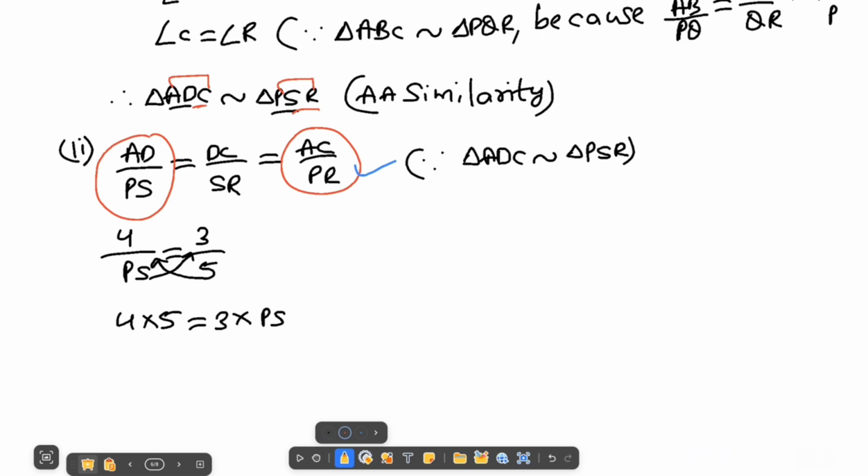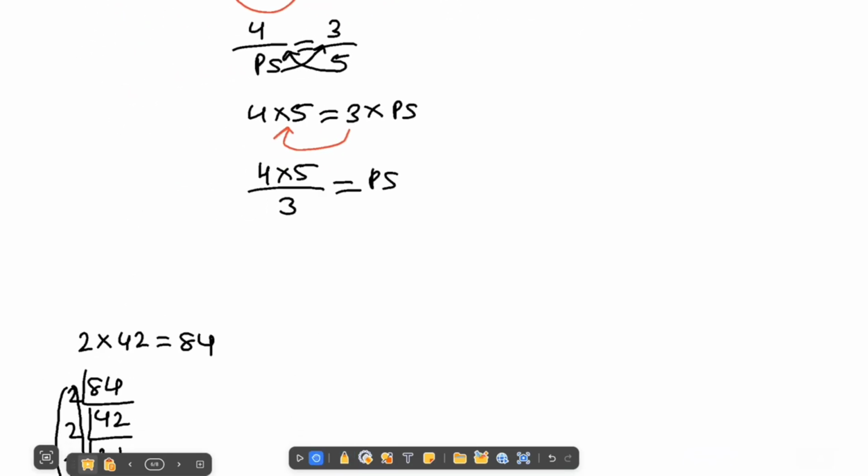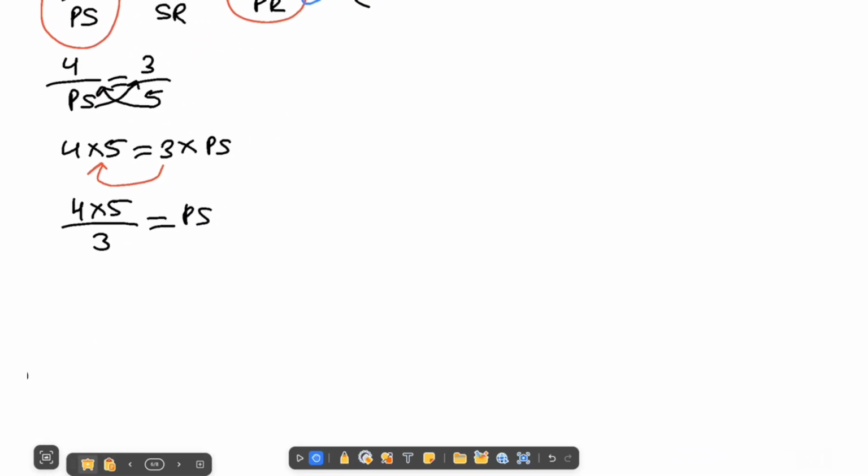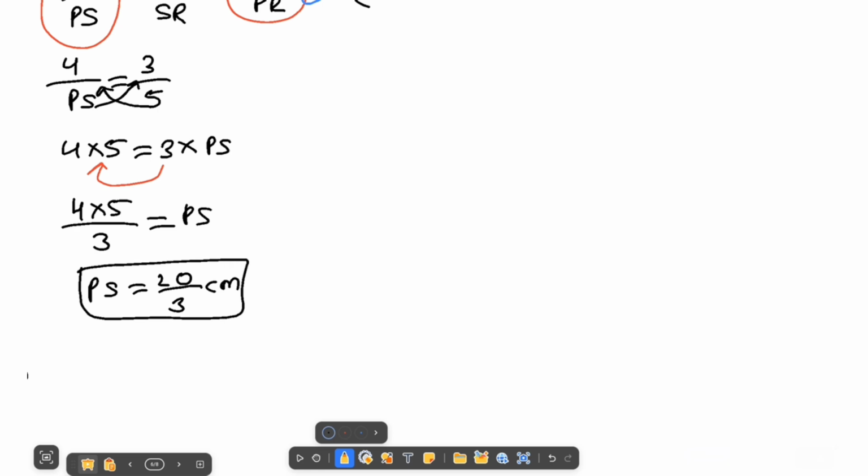Again bring 3 to the left side, now it becomes 4 into 5 by 3 is equal to PS. So PS is equal to 20 by 3 centimeters.